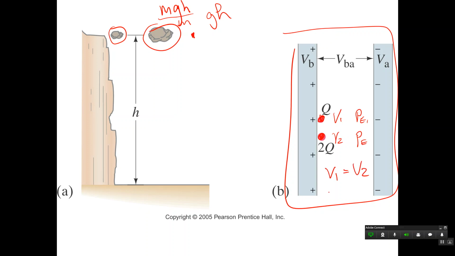But what's the relationship between potential energy 2 and potential energy 1? Which one's greater, PE1 or PE2 in this case? What do you think, Marco? 2 is going to be greater because it's got a stronger charge. It's got 2Q charge. So PE2 is going to be greater compared to PE1.